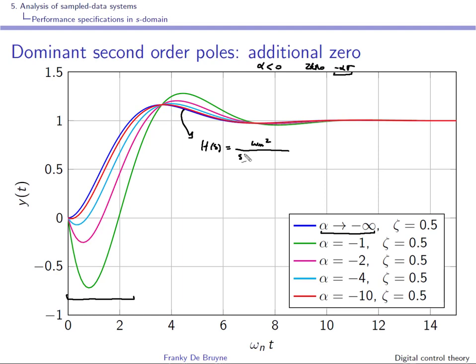So this is this transfer function here. When alpha is still negative but its modulus is decreasing, you see that the influence of the 0 is felt more and more, and here you see this in these inverse responses.